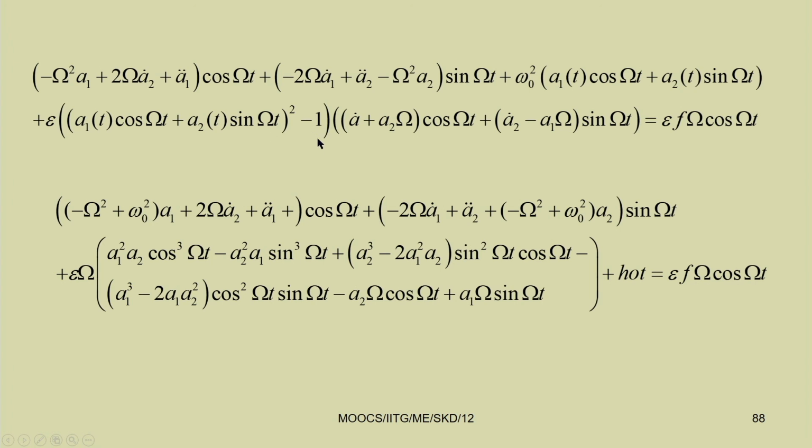So, that way this is equal to epsilon f omega cos omega t. Now again simplifying, writing all the terms and simplifying this equation.